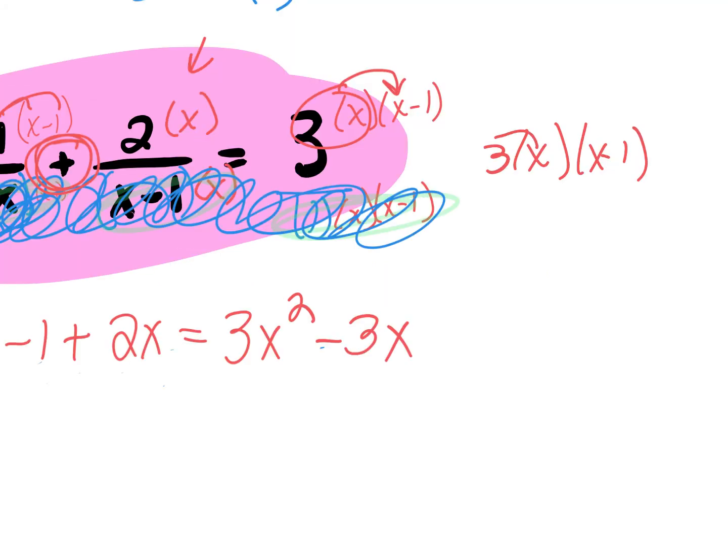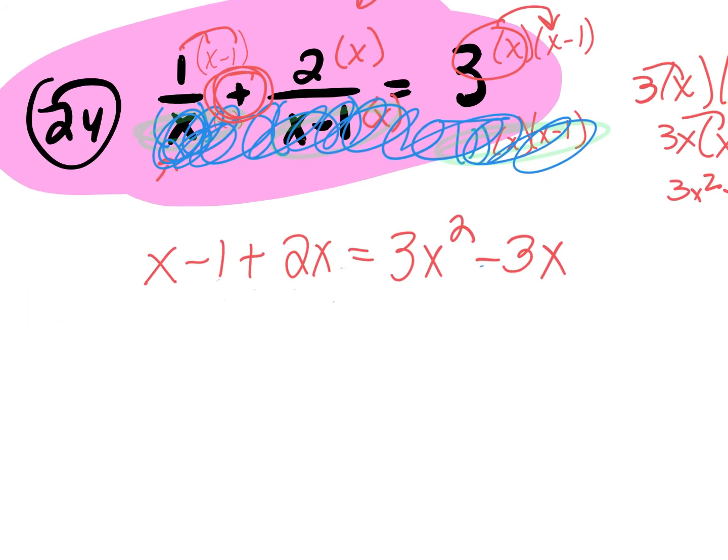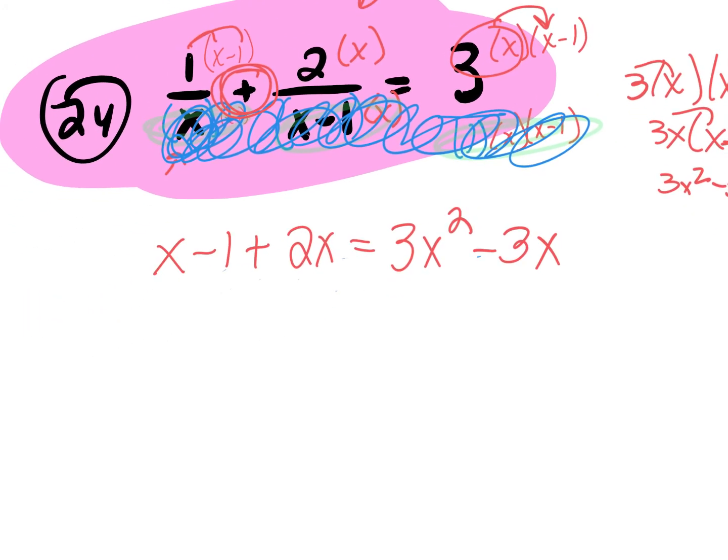Why would it just be minus 3x? So 3 times x is 3x. Then you have x minus 1. So when you distribute, this becomes 3x squared minus 3x. See that? So now what? If we have a quadratic, we need to move everything where? To one side. Can I simplify anything over here? Yes. So I have 1x and 2x, which gives me 3x minus 1 on this side.